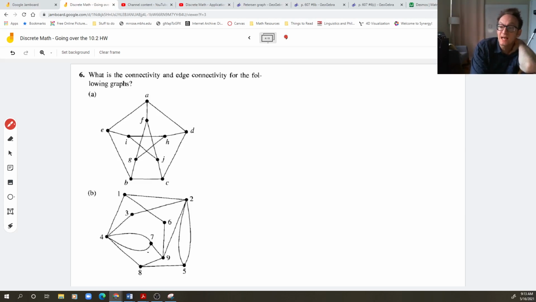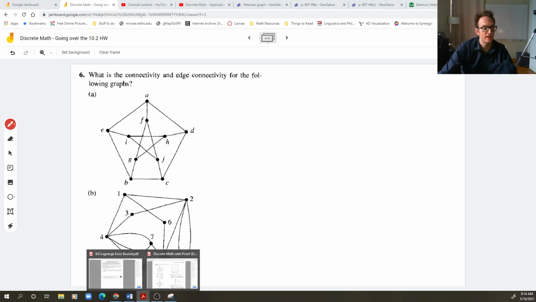Okay, what is the connectivity and edge connectivity for the following graphs? All right, this is kind of like a hard thing. What is connectivity and edge connectivity? Connectivity, the actual definition is, maybe I should have thrown this up onto the screen.